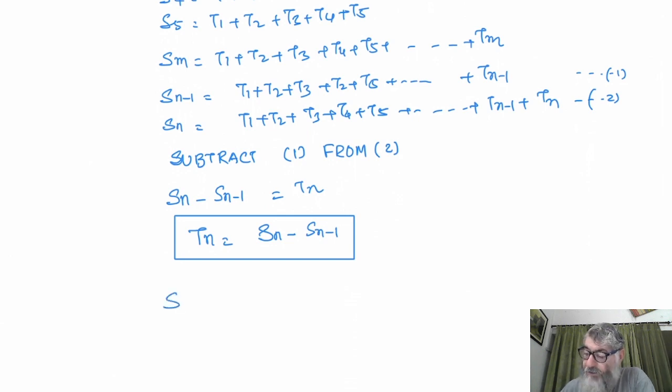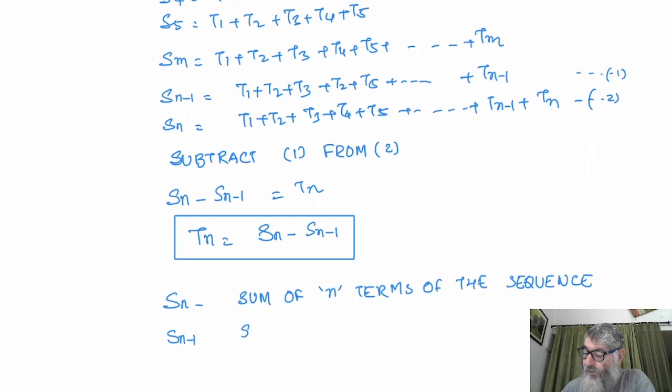Sn is the sum of n terms of the sequence, and Sn minus 1 is the sum of n minus 1 terms of the sequence.